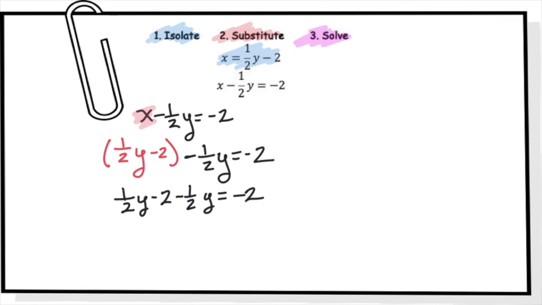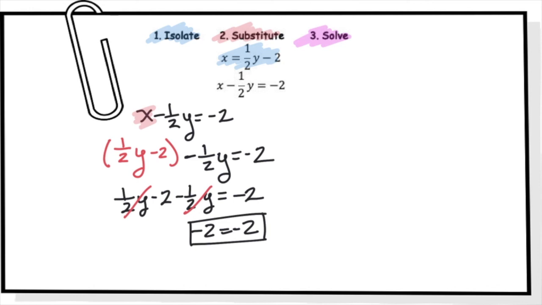So we're going to start with the like terms. 1/2 of y minus 1/2 of y, these two are going to cancel. And what we are going to have left on this side is negative 2 equals negative 2. So again, we end up with no variables.